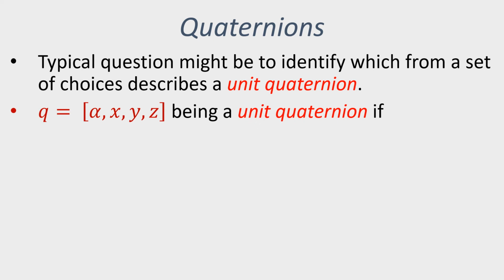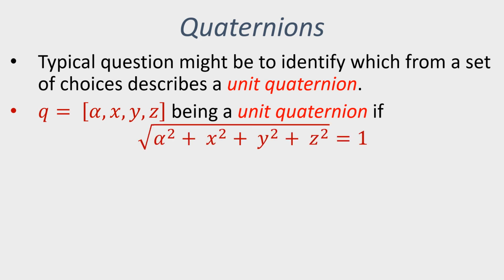Just to recap, a quaternion is a four-vector, a four-component object. We have what we think of as a real part and a three-vector, and this defines a unit quaternion if the square root of the sum of the squares of all the components evaluates to 1.